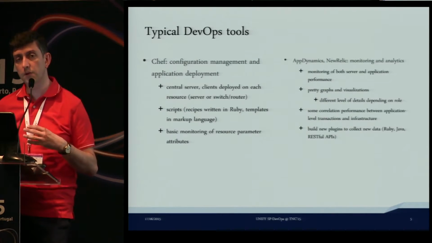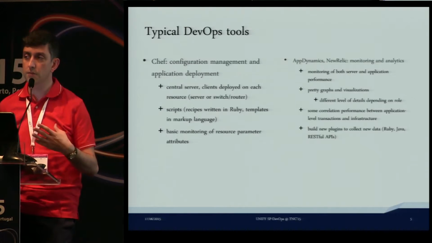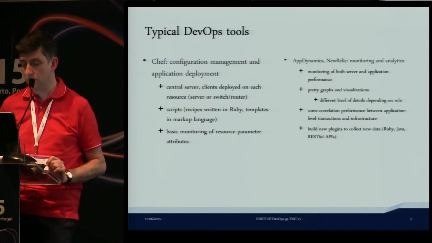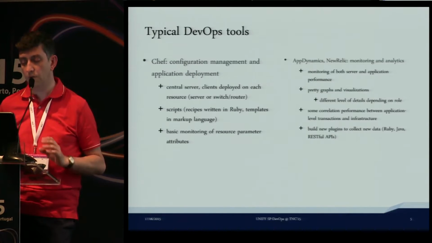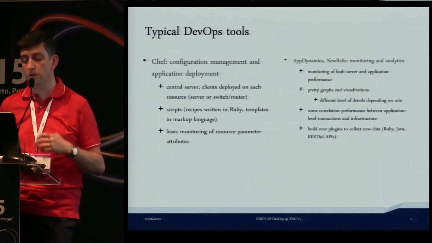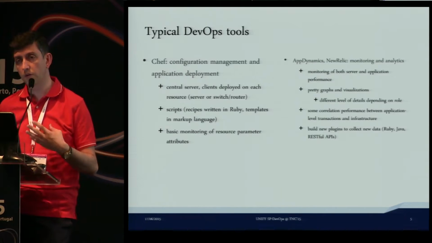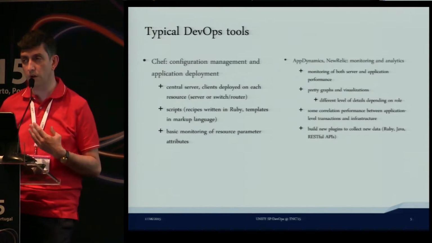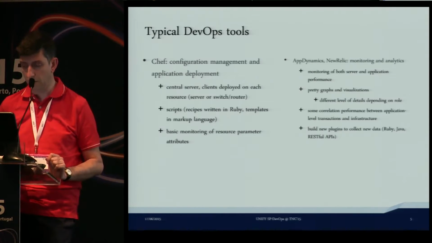There's even the possibility to vary the level of detail that is presented in the graphs depending on the role of the person. So that's quite nice. They provide some correlation between the performance of applications and the performance of the infrastructure. And they allow for building new plugins that allow collecting new types of data, also in languages that are familiar to a lot of people.